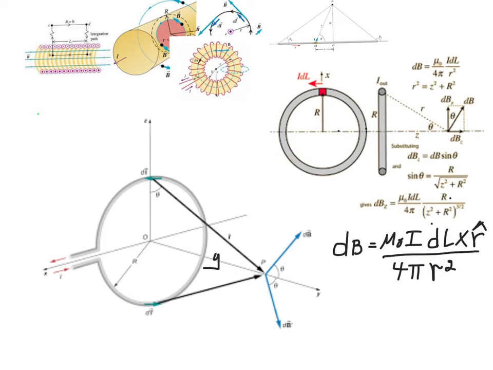But notice that when you do dl cross r, the direction of the field vector for this dl is in this direction. It has to be perpendicular to this line. And so I'm not going to go through the geometry, but if we choose this angle theta here, and this is perpendicular to this, then this is 90 minus theta.